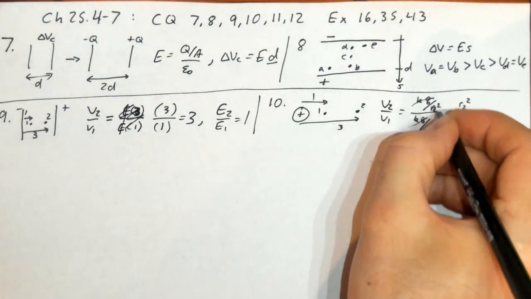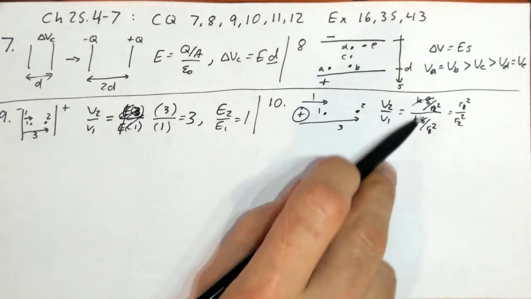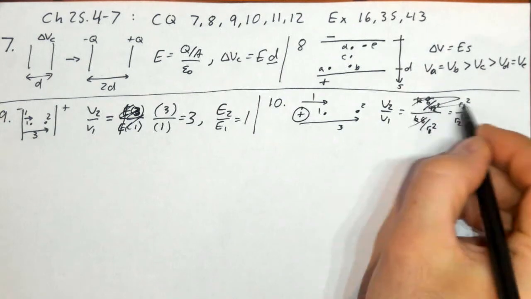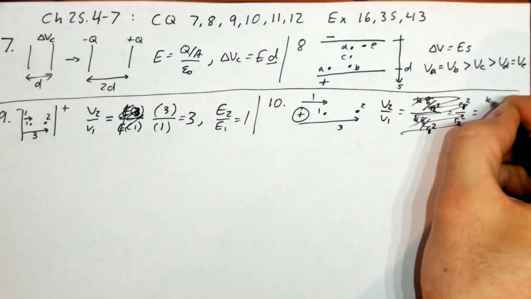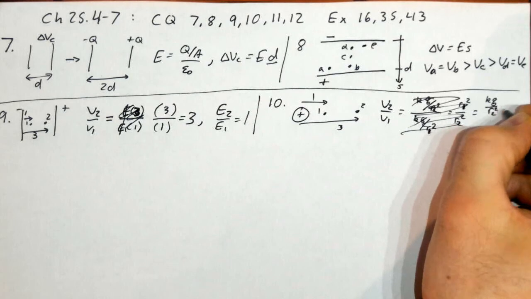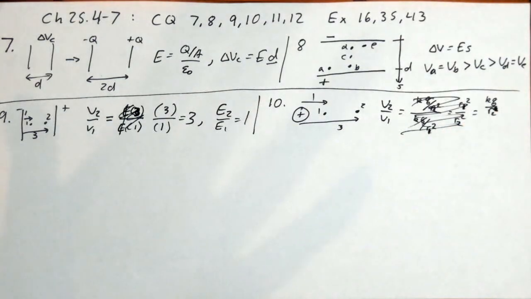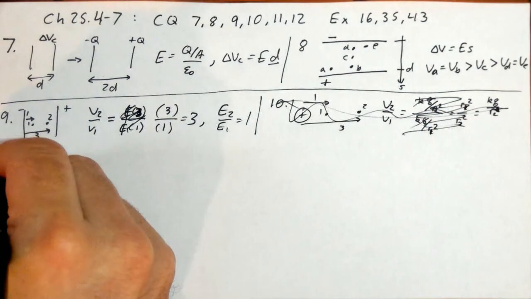I apologize, I just got my units messed up. Let me clean that up. This should end up being a KQ over an R2. Sorry, not squared. I'm messing this one up. Let me just start all the way over. Number 10.